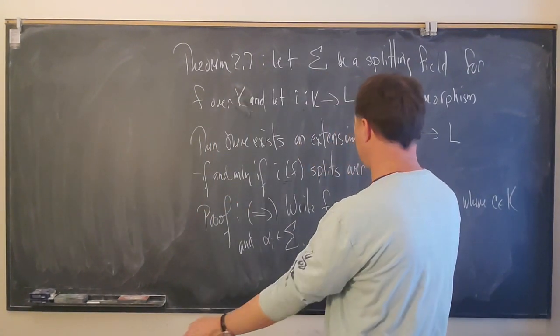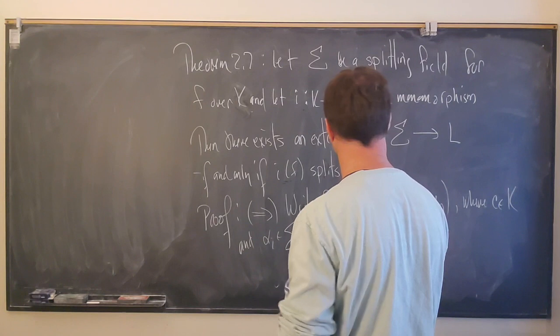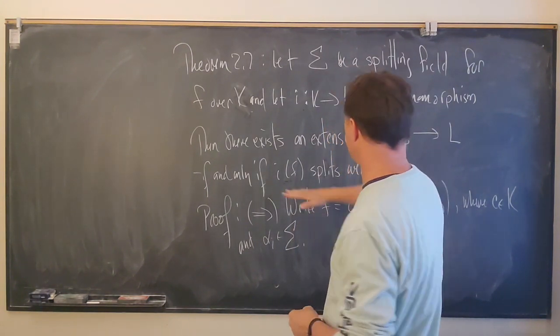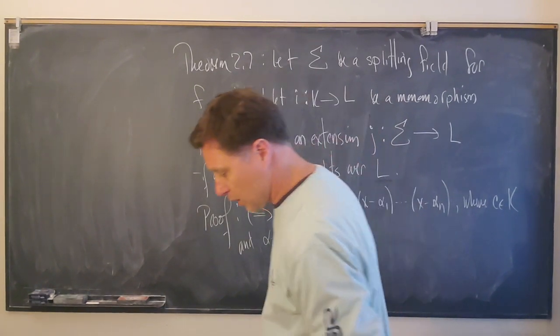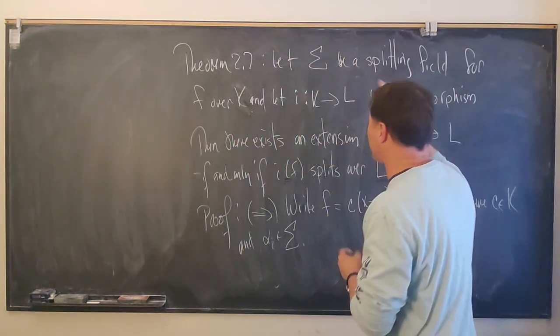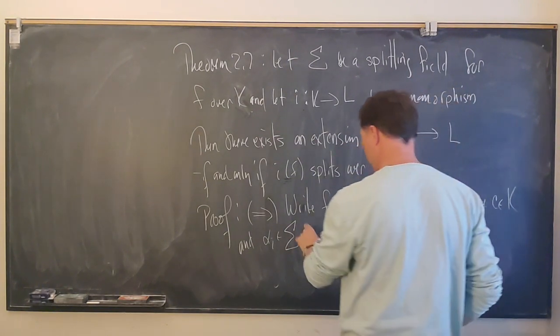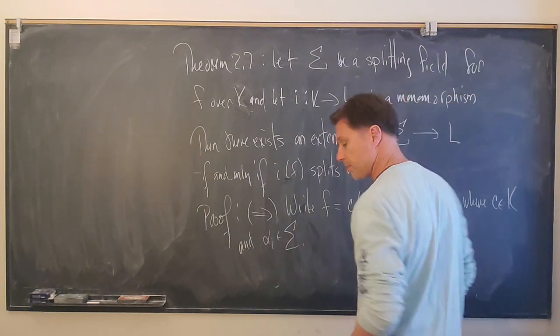Okay, so now what do I need to do? I'm going to the forward direction, so I need to show that I of f splits. We know that we have an extension, so we're assuming that we have this extension j.